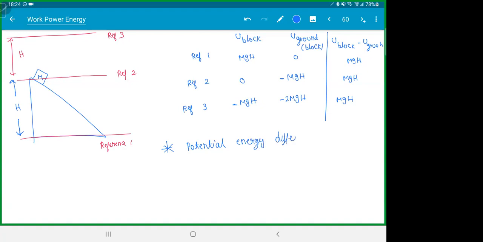If you ask for the potential energy difference between 2 points or 2 levels, it does not matter which one is your reference line. This is important, a simple theoretical question. This is independent of reference, whereas potential energy depends on reference.